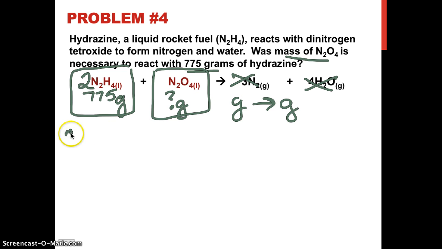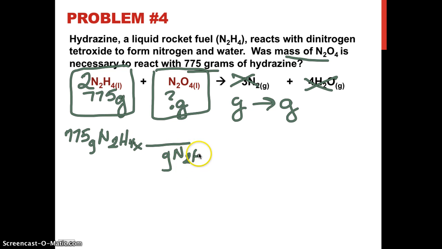So I'm going to start out with my 775 grams of N2H4. After that then, remember I can't plug in my mole ratio until I convert my grams of N2H4 into moles of N2H4. And I have to use my average atomic masses from the periodic table.